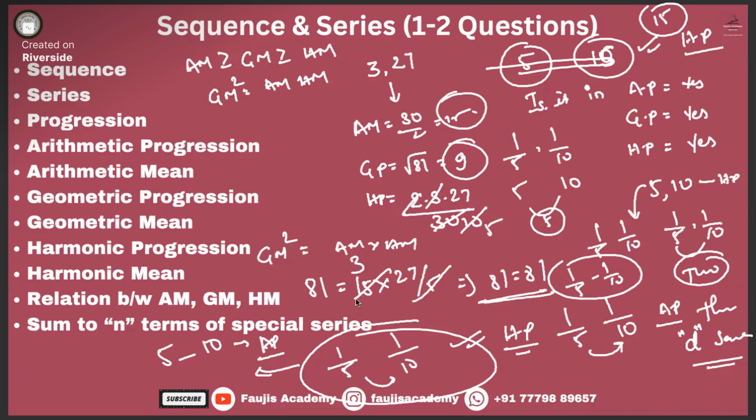Is it correct, no? Yes, sir. And now 27 by 5 is how much? 5.4. This is your HM. AM is your 15. 15 is greater than or equal to GM, which is 9, which is greater than or equal to 5.4, which is equal to HM.